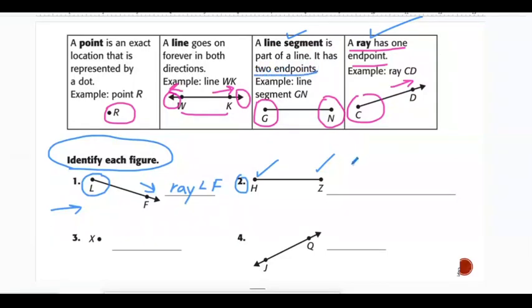So it's a line segment right here. Make sure that you write the full form, line segment, and then write H and then letter Z.